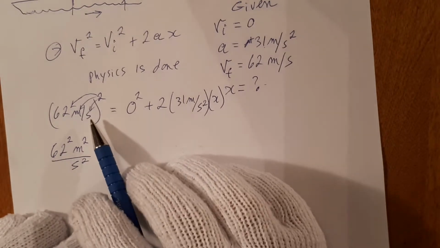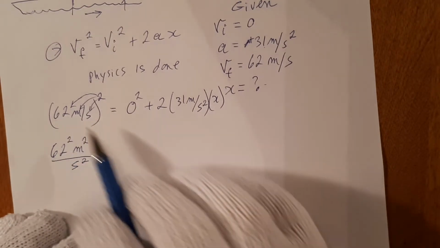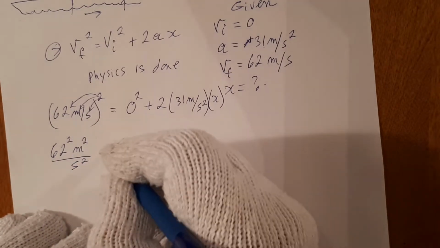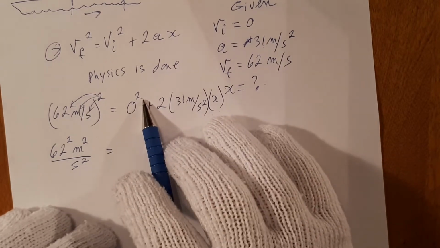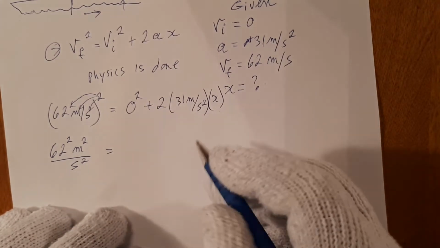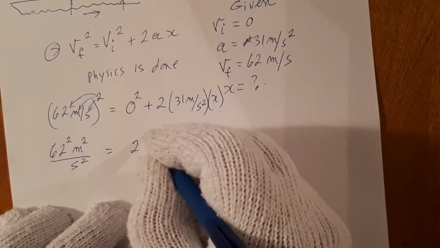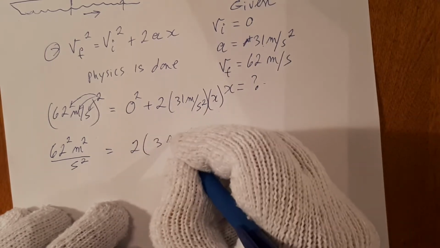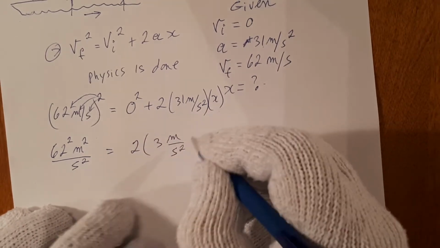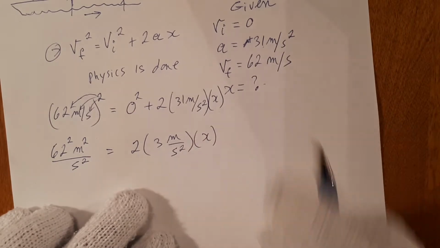We cannot ignore the units. They're just as important as the numbers. Is equal to, well, 0 squared, that just drops out. And we have 2 on the right-hand side, multiplied by 31 meters per second squared times x.